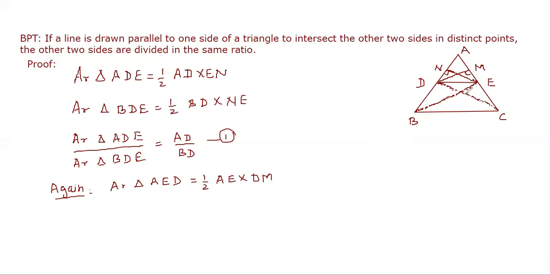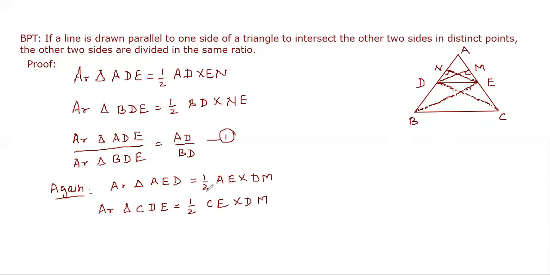And then we consider area of CDE. So this time again perpendicular will be DM and base will be CE. So area of triangle CDE equal to half base CE multiplied by DM.